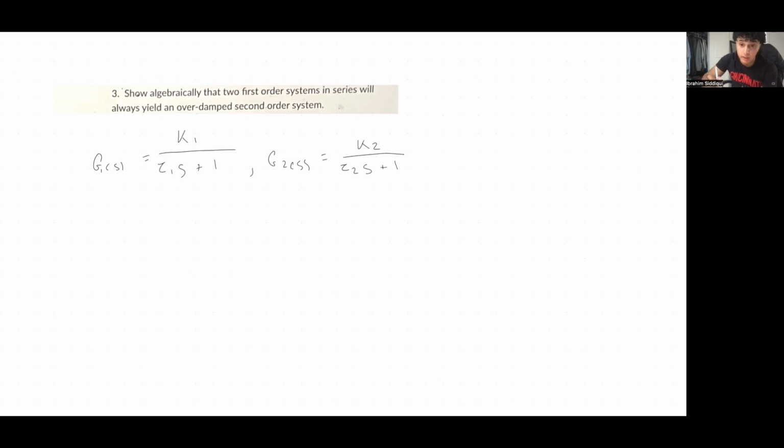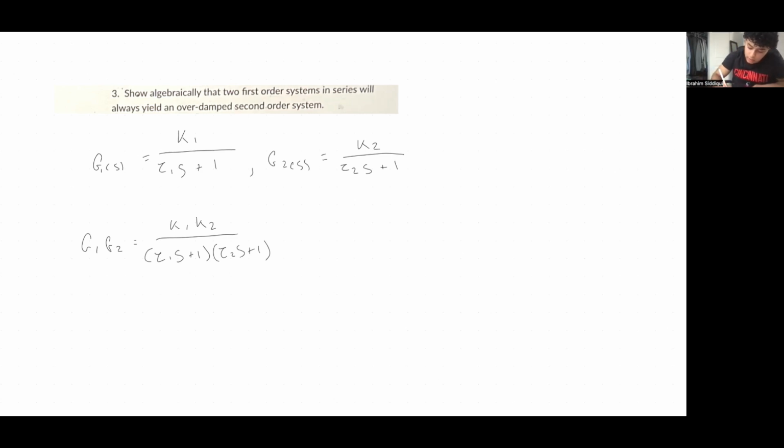Like I mentioned a few moments ago, transfer functions of first order systems in series will multiply together. When we do that, we're looking at G1 multiplied by G2. Combining these terms, we get K1 times K2 over tau 1 s plus 1 multiplied by tau 2 s plus 1. What we can do now is expand our denominator.